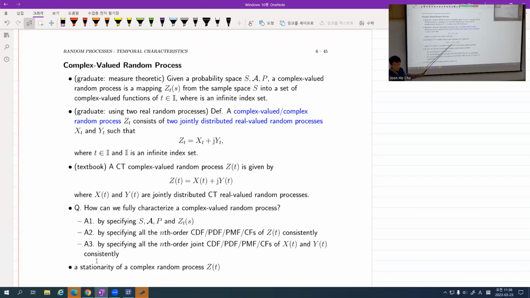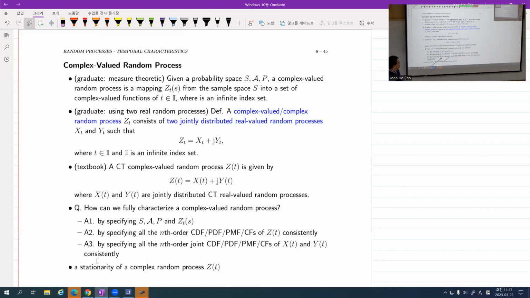If you sample at any m instances from x of t, and you sample n instances, so you take n values of y, you have an m plus n length real random vector. And if you know how it is distributed, you say they are jointly distributed.